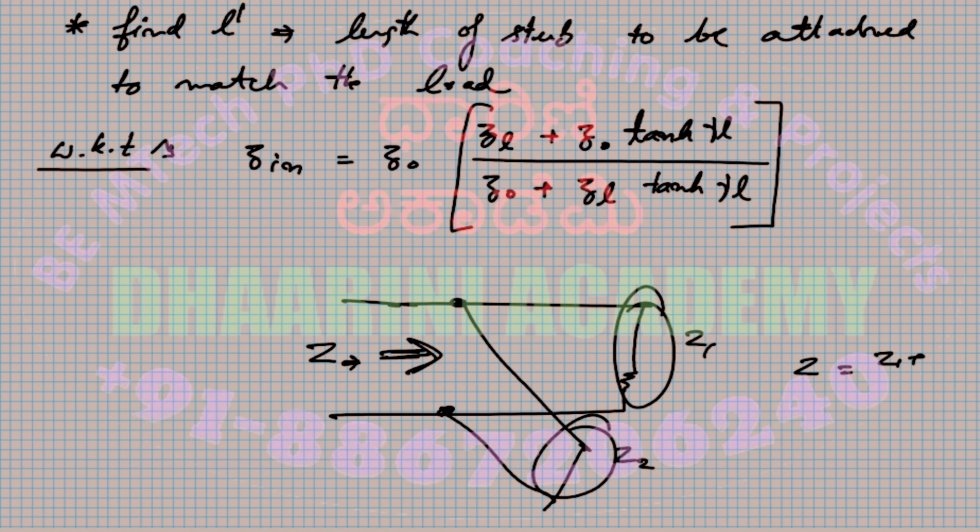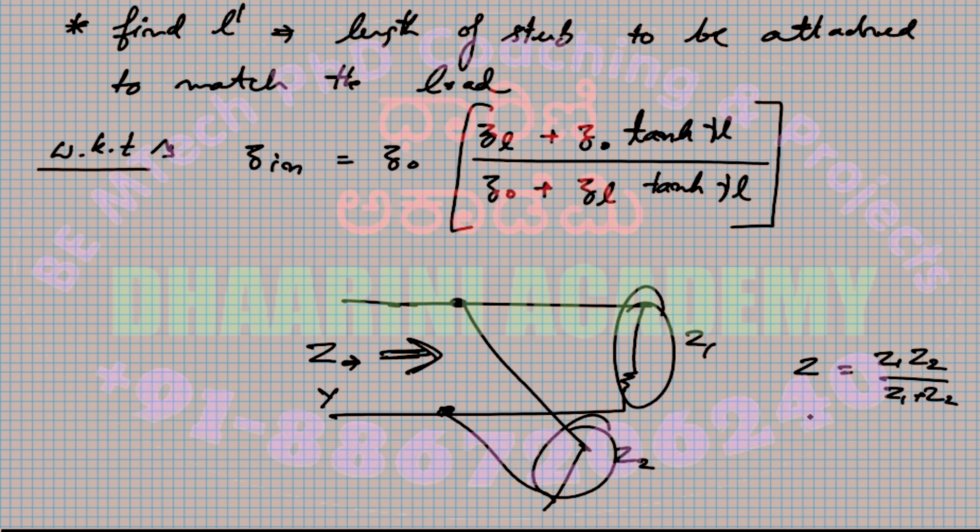Z is equal to Z1 Z2 by Z1 plus Z2. But I don't want Z now. Let me assume that I have a Y1 here and a Y2 here. What is Y in terms of Y1 and Y2?